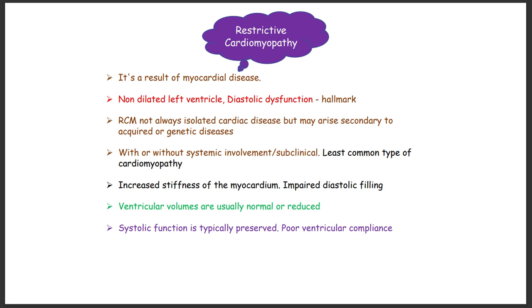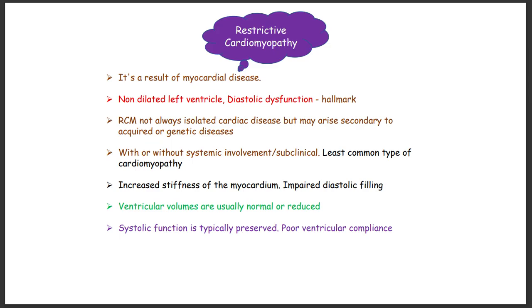But in restrictive cardiomyopathy, what is happening is that you have increased stiffness of the myocardium. If the myocardium is stiff, when blood is trying to come back to the heart, it has no place where it can really stay, right? There's no place where the blood can really stay. And that is going to lead to impaired diastolic filling.